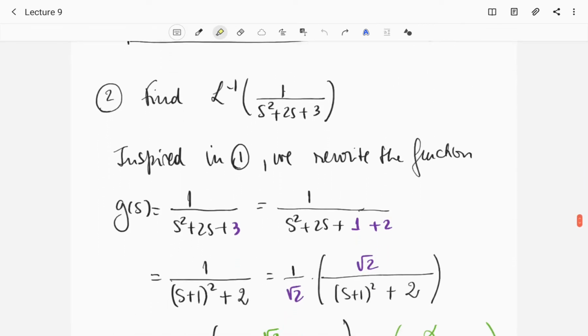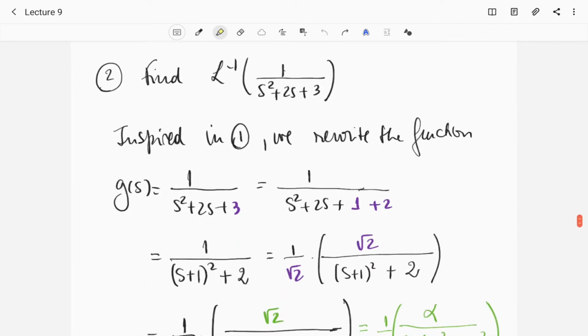Okay, let's see another example. We need to find the inverse Laplace transform of this function g, 1 over s squared plus 2s plus 3. And to get some inspiration from the first example, we can rewrite this function.